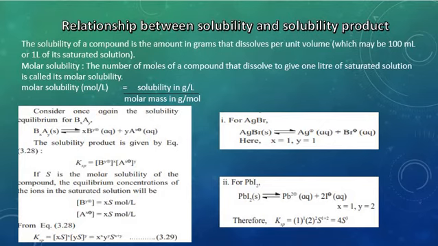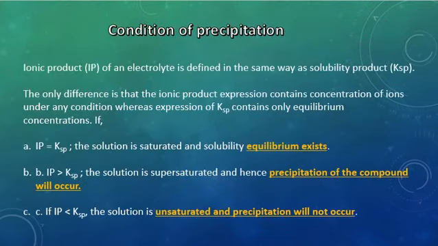Next is the condition of precipitation. Before that we should know one thing, and that is ionic product. Ionic product of an electrolyte is defined in the same way as solubility product. The only difference is that the ionic product expression contains concentration of ions under any condition, whereas the expression of Ksp contains only equilibrium concentration.